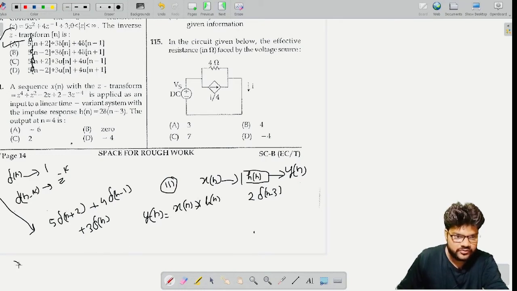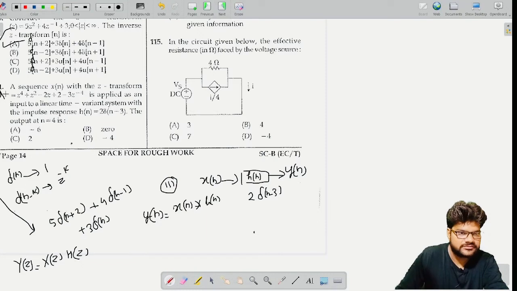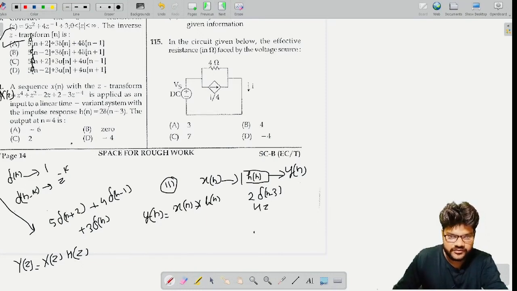So Y of z we can write as X of z times H of z. X of z we are given, and H of z we can find. If I take its z transform, H of z will be 2 z to the power minus 3.